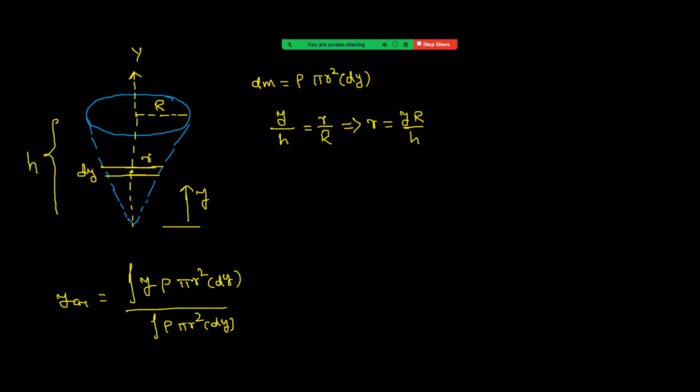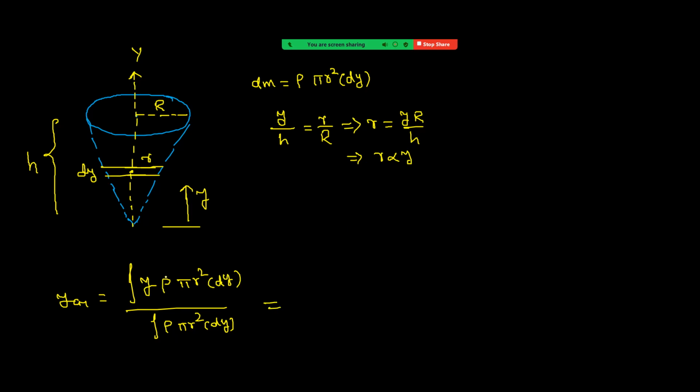And in this, if you observe, capital R is a constant and h is also constant. Since these two are constants, they will cancel. That means I can say r is proportional to y, because R and h are constants.